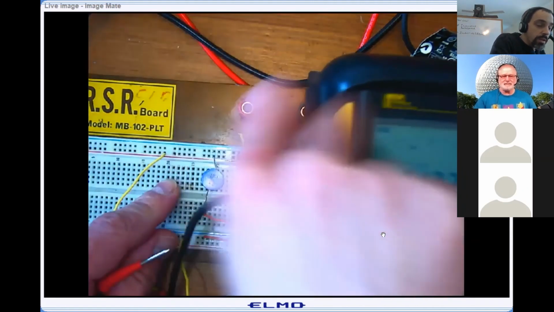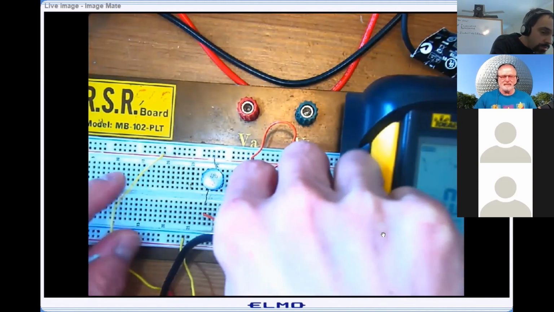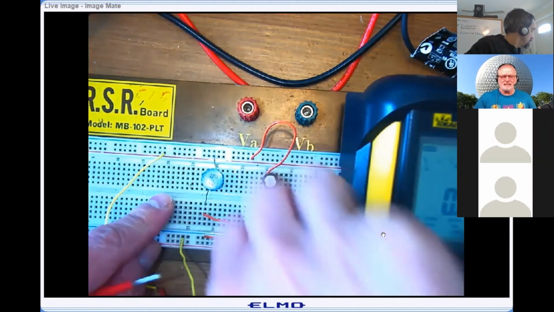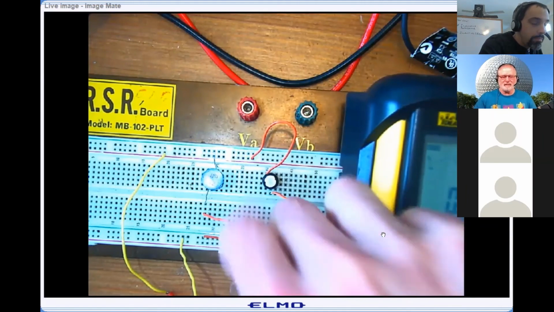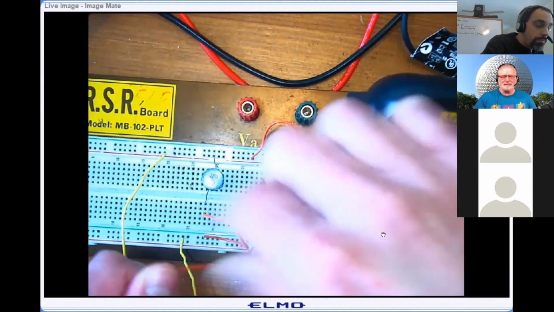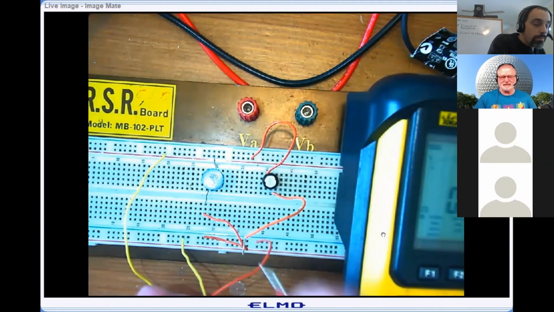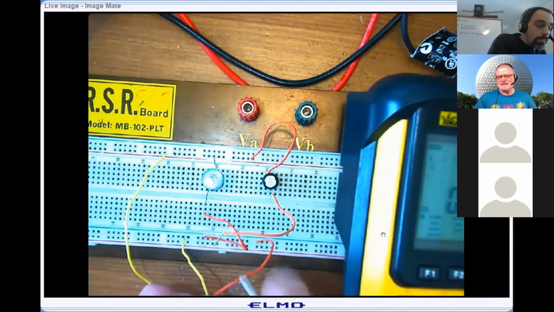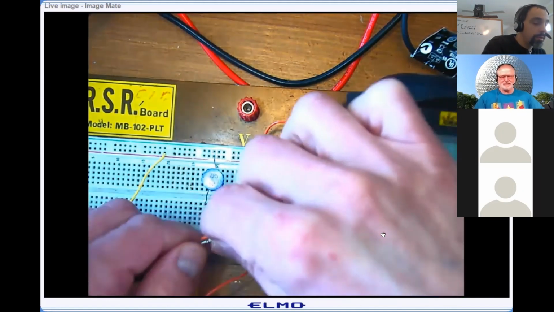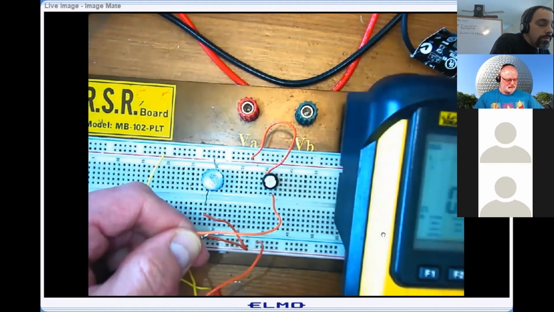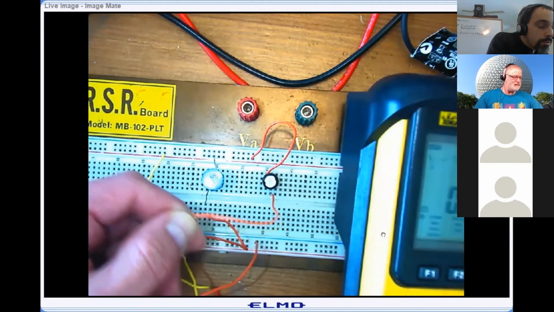You know, I'm breaking it right in the circuit here, so I might need an extra wire for this guy. Yeah. Polarity doesn't matter. Do I have it in the right hole?